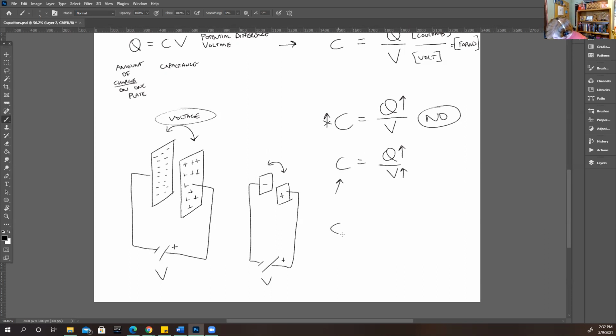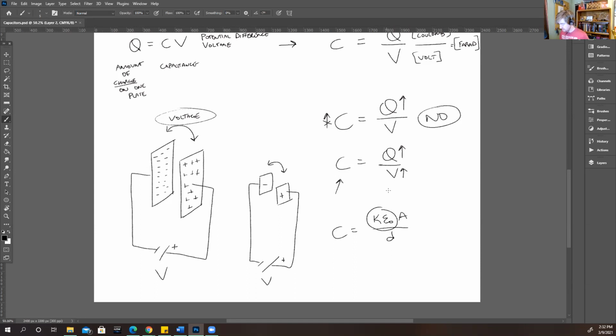And to do that, that's given as our other equation. What was it? It was kappa epsilon naught A over D. So there are these two constants right here that we're not going to be investigating too much in the lab.